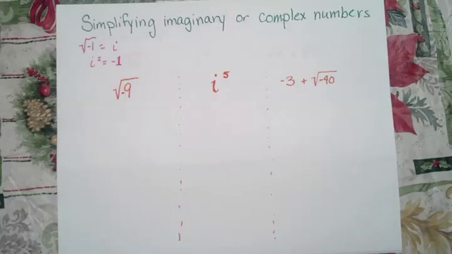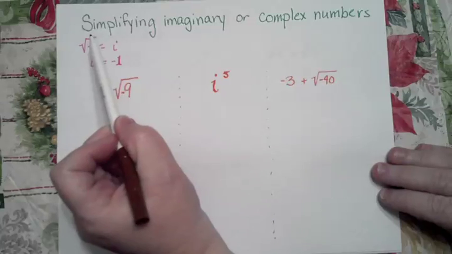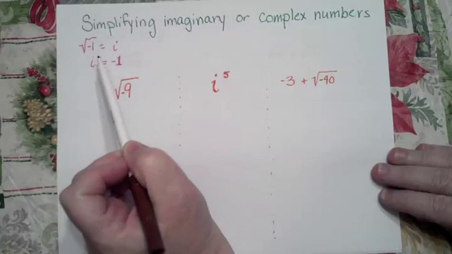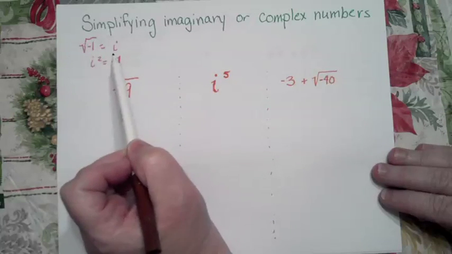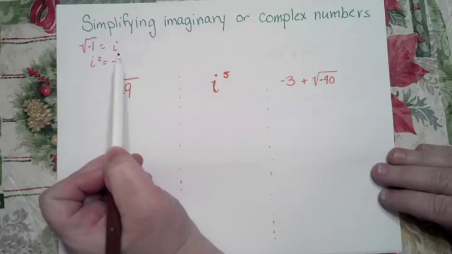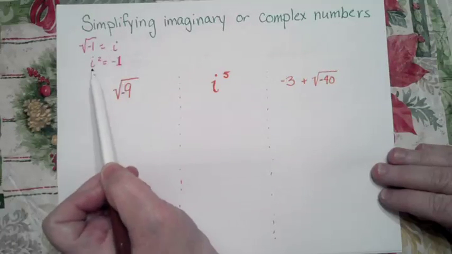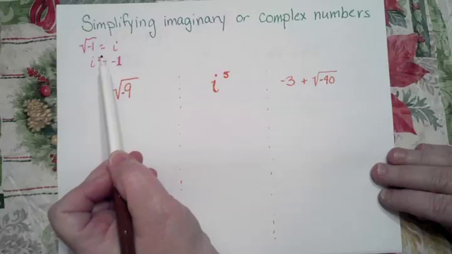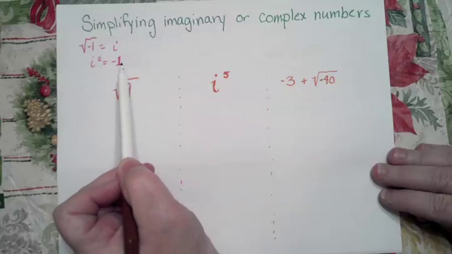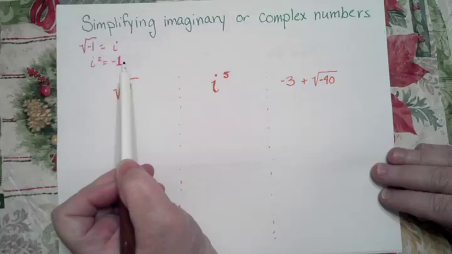When we simplify numbers, we don't want anything to have the square root of negative anything, okay? So what we want to do is get it into the form with i. That is considered a simplified form. Likewise, if we have i squared or anything like it, we want to go ahead and make that into a real number, which is -1.